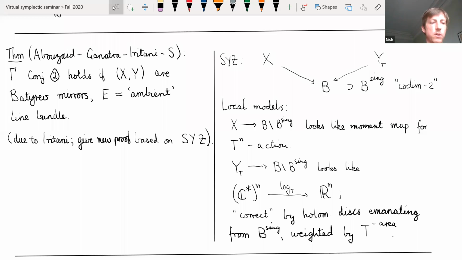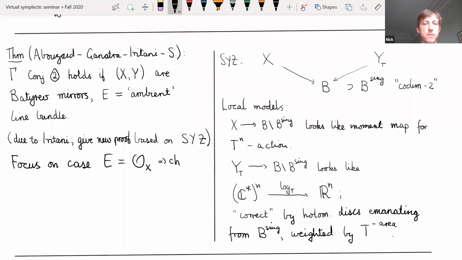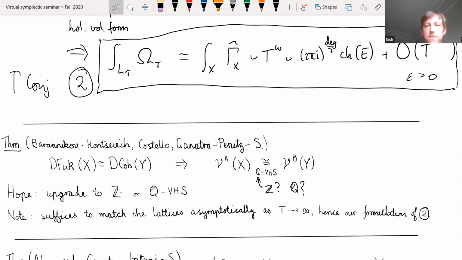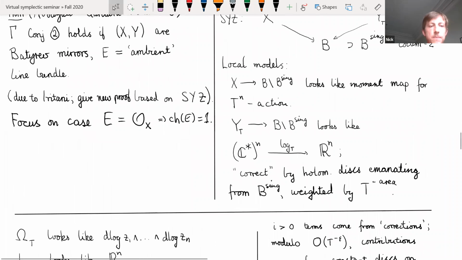All right, so I'm going to focus on a specific case for simplicity. I'm going to focus on the case that E is the structure sheaf. So the Chern character is just the identity. Then this formula that I wrote here reduces to this.